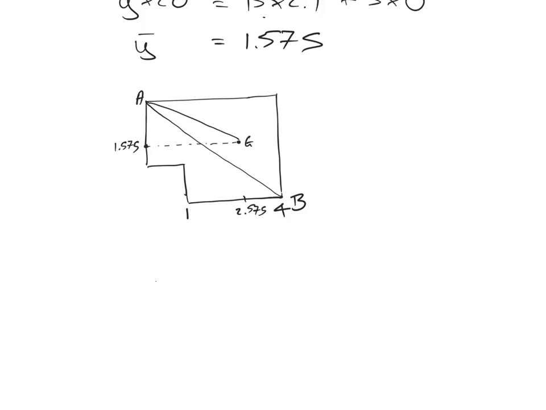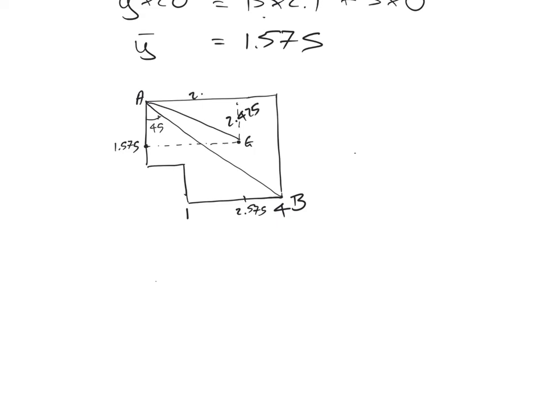Well, this angle here is 45, because it's across a square. And we know this distance is 2.575 and this distance is 4 minus 1.575, which is 2.425.